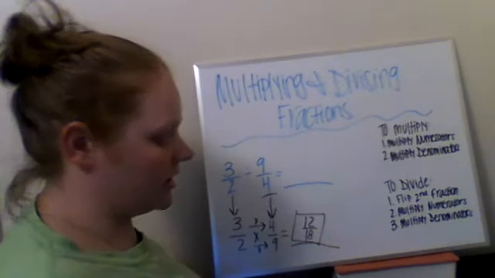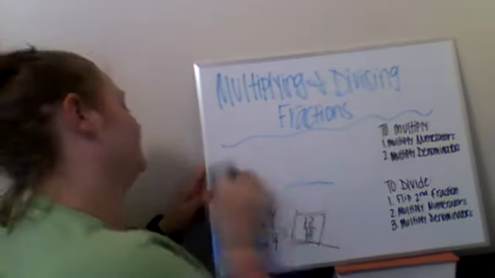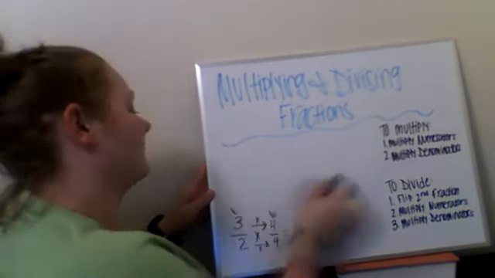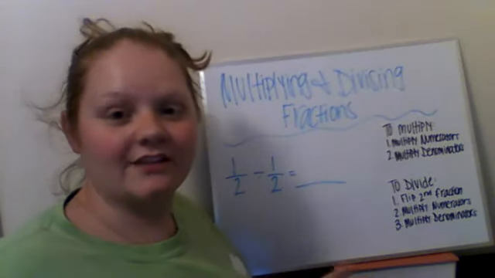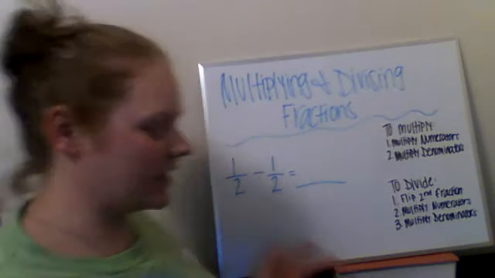Now I'm going to try to trick you with a problem. I know that you all are smart, so I'm probably not going to trick you, but I'm going to get you to think for a second. If I gave you the problem 1/2 and I want you to divide 1/2. You might already know what the answer is, but let's work it out so I know that you all know how to divide fractions.